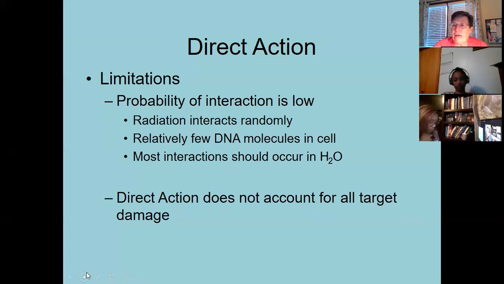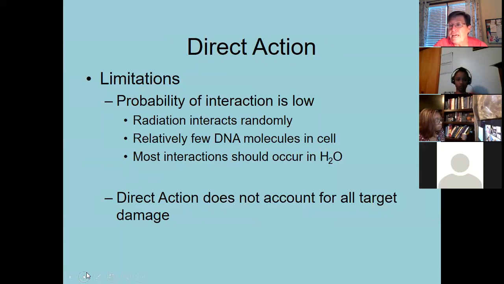The first reason is that the probability of interaction with those key molecules is relatively low. If we consider DNA as our primary target molecule, the most important molecule, what percentage of the molecules in our body are DNA? About 2% are the nucleic acids altogether. So if you say half is DNA and half is RNA, roughly 1%.